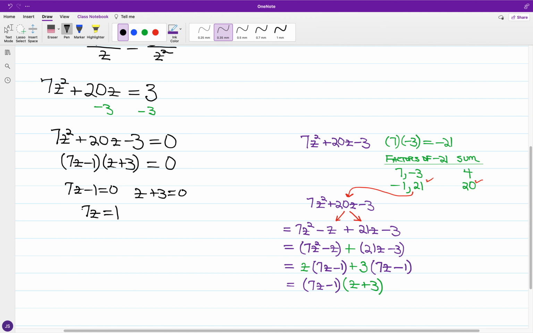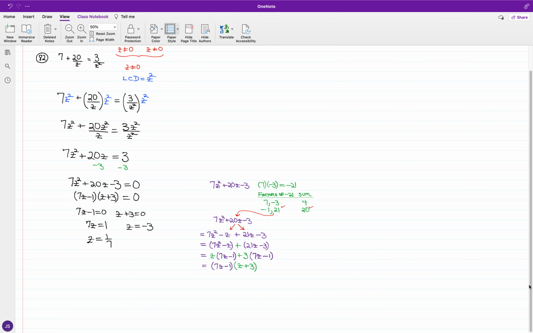So we have 7 times z is equal to 1, and with division by 7, we're going to have one apparent solution at 1/7. As for z plus 3 is equal to 0, taking away 3 from both sides, we're going to have that z is equal to negative 3.